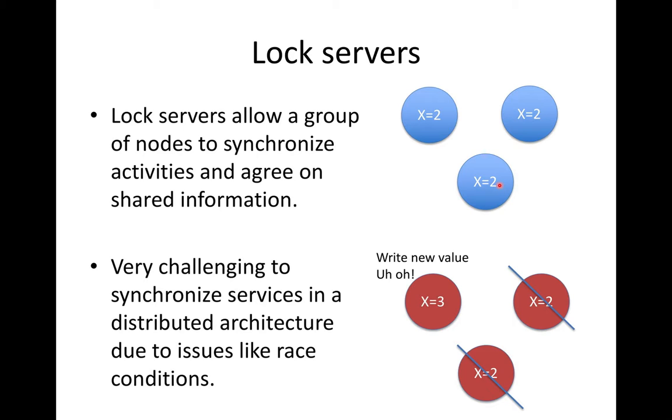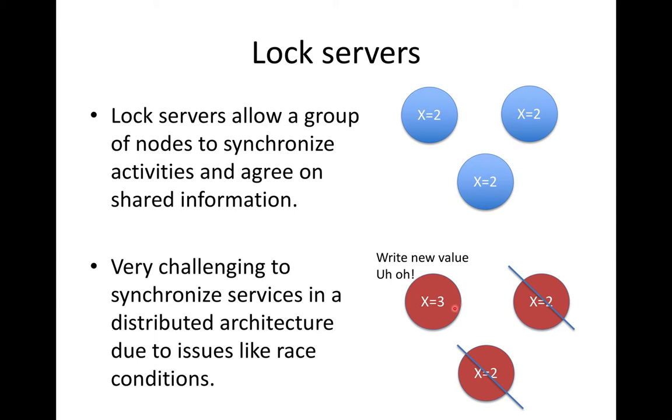You could imagine a situation where we have our three servers again, and let's say that two of our servers go offline, and then we only have one of the three servers which is actually available, and we decide that we're going to update the value of our X key and set that to 3.